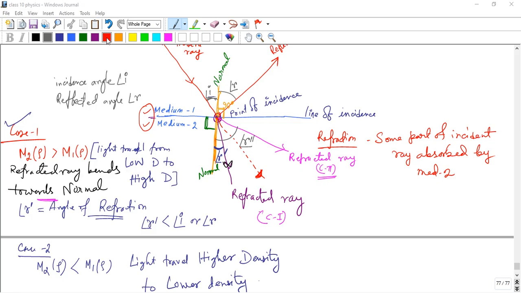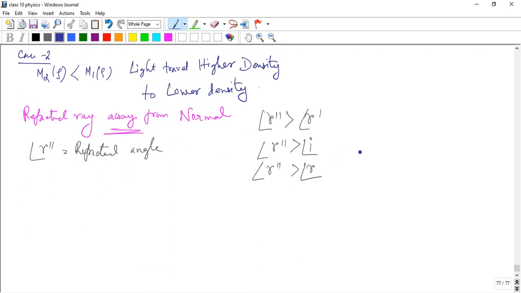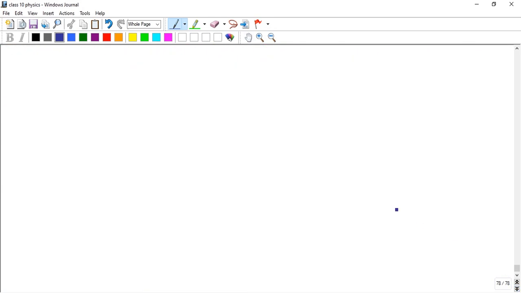If case 1, we draw the diagram. If that is the incident ray, that is the normal.